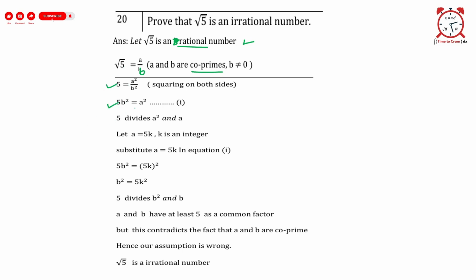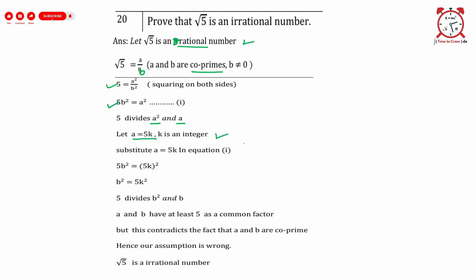So as per the given theorem, 5 divides a square, and if 5 divides a square, so 5 definitely divides a. So a is a multiple of 5 because 5 can divide a. So this is our new assumption. A is a multiple of 5, a equal to 5k.